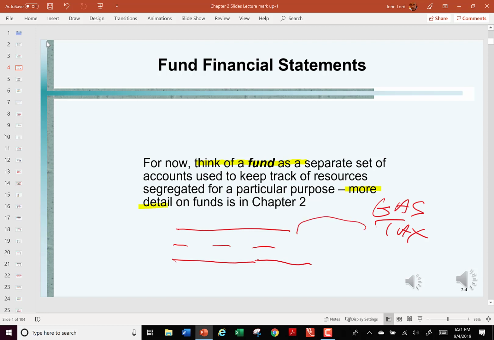Okay, and that gas tax now provides funds that are going to be used for road improvement, right? So the whole purpose of this road fund, probably a special revenue fund, would be to keep track of the revenue coming in. That's the gas tax, and then what? The spending out of that revenue for something like a steamroller or whatever sort of materials, labor, whatever would be used towards the objective of road improvement, right?